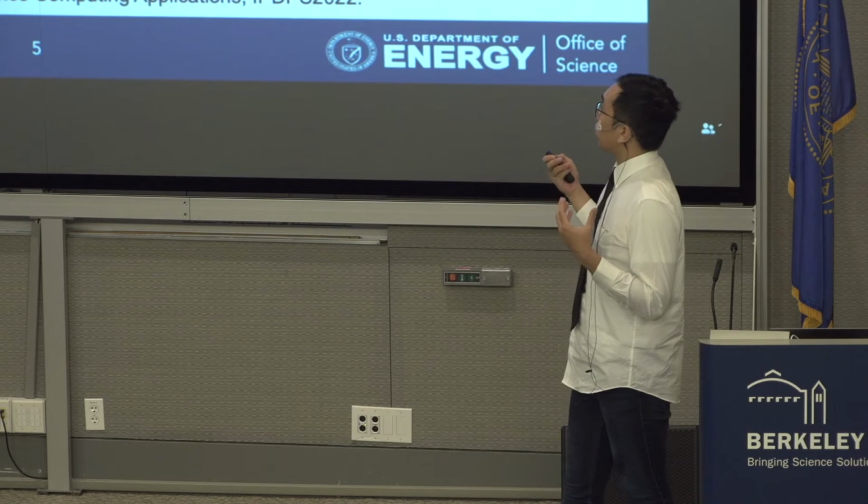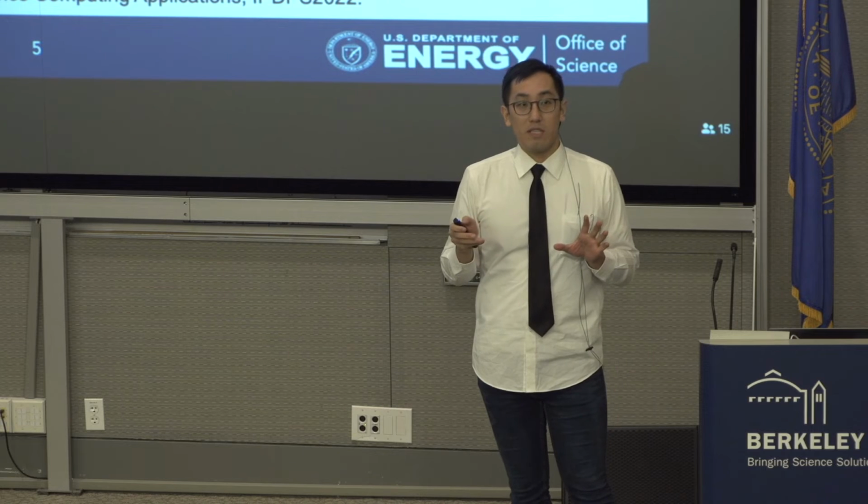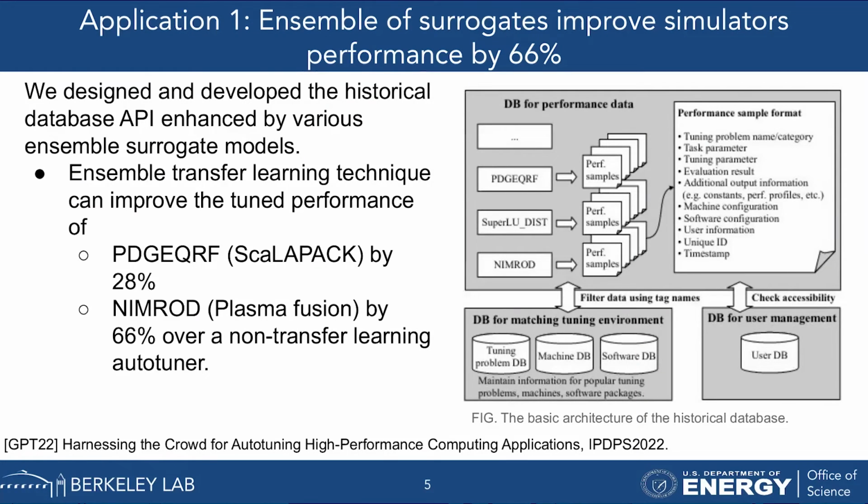Now we're going to show you two concrete applications that we collaborated on with other HPC teams. The first application is that with our framework, we're introducing this ensemble of surrogates. For example, previously we introduced the Gaussian process surrogate, which is a single surrogate. You can imagine that when your simulator or HPC application runs on different machines or architectures, you'll get slightly different but somehow correlated surrogate models.